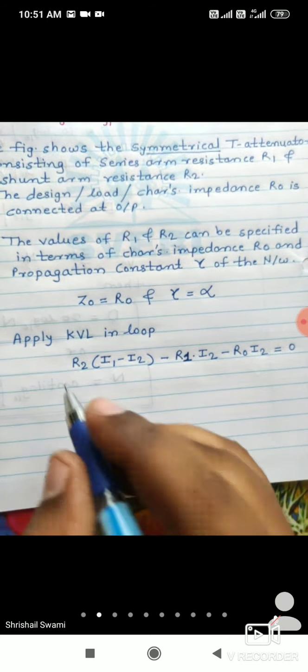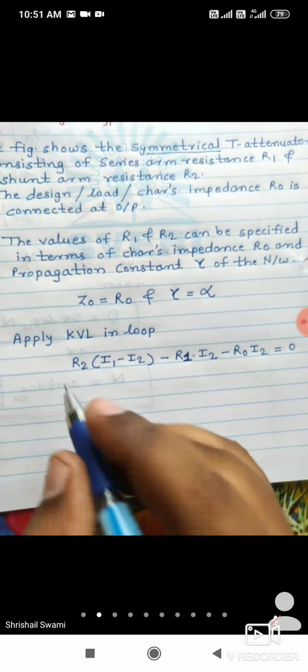So I1 upon I2 I will replace with N. So N is equal to R0 plus R1 plus R2 divided by R2. This I will give the equation number 1. We got this by applying the KVL in the second loop.